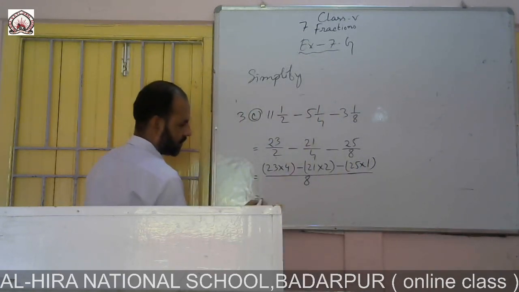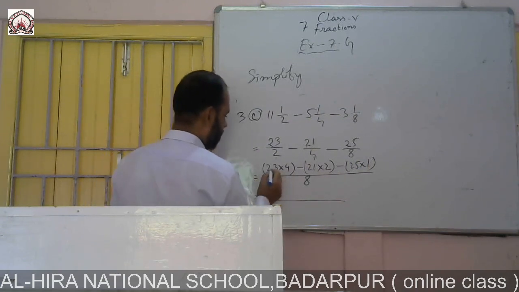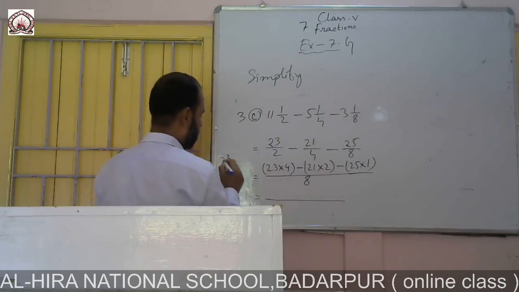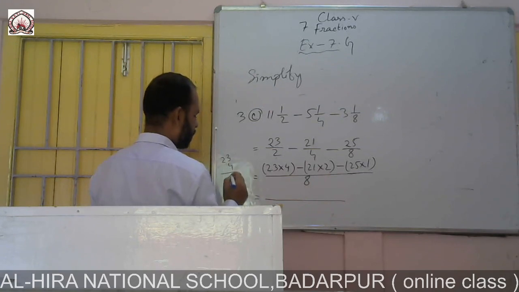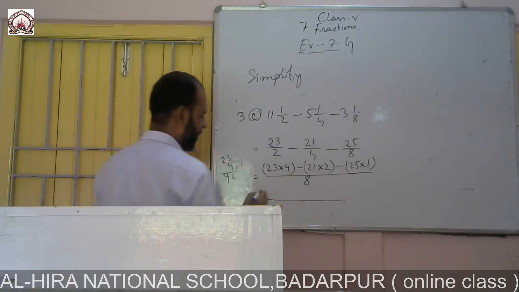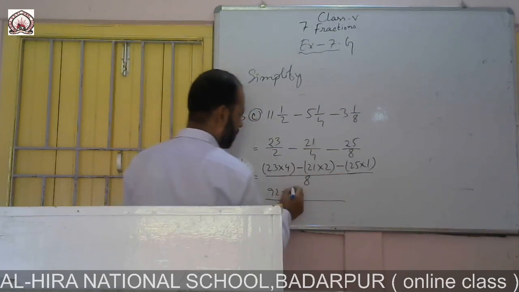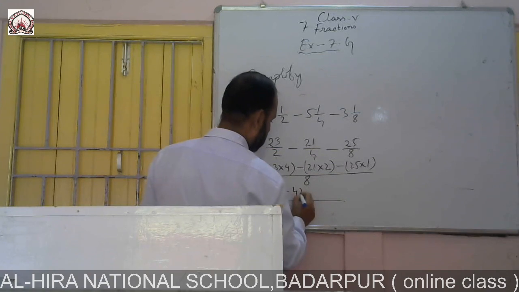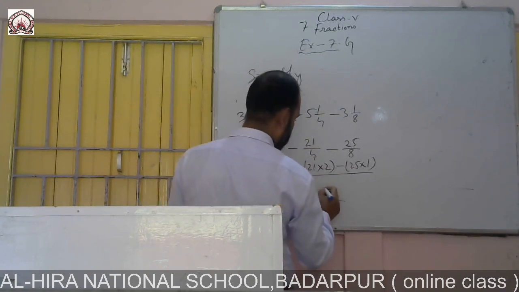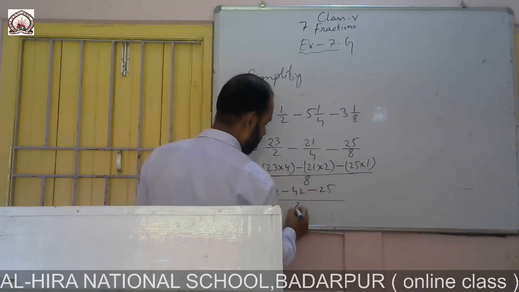Next, 23 times 4 is 92, minus 21 times 2 is 42, minus 25 by 8.